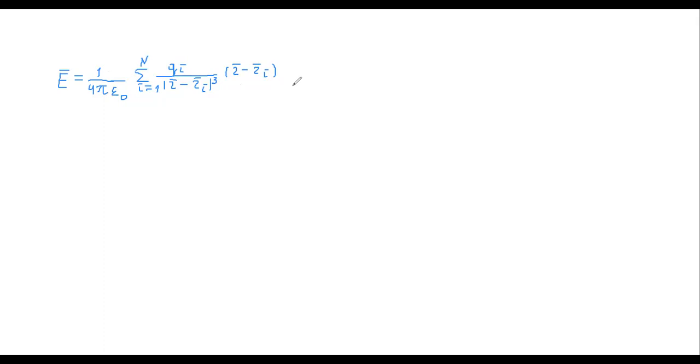Sometimes it is difficult to calculate this space integral, but in some cases it is possible to use another way to calculate electrostatic field, and we will learn this today.